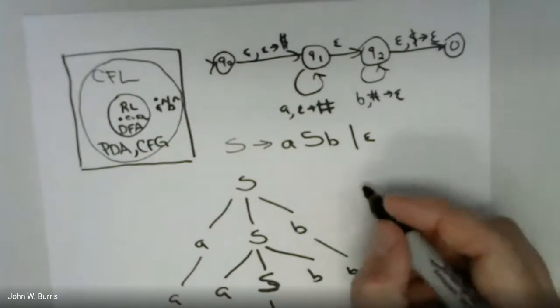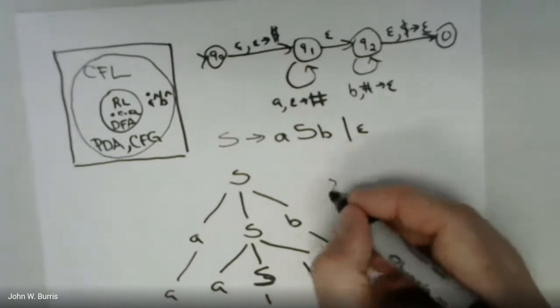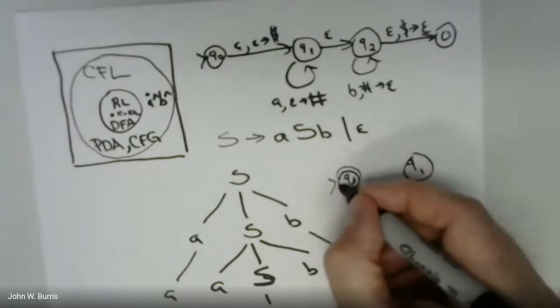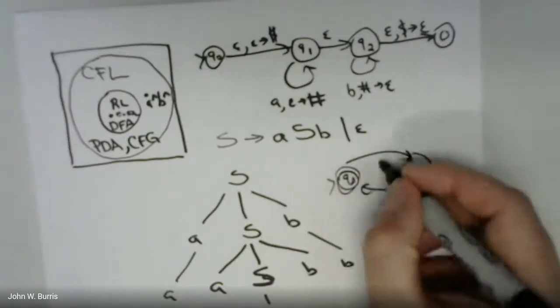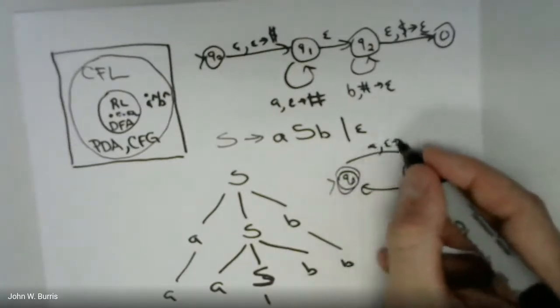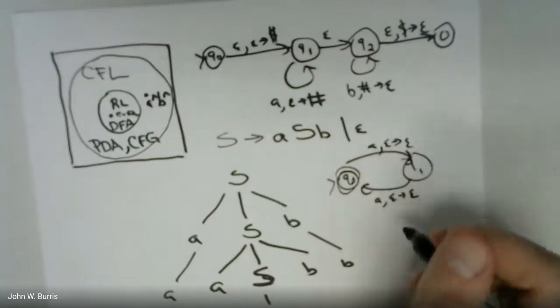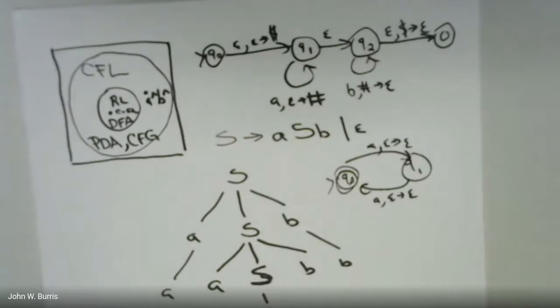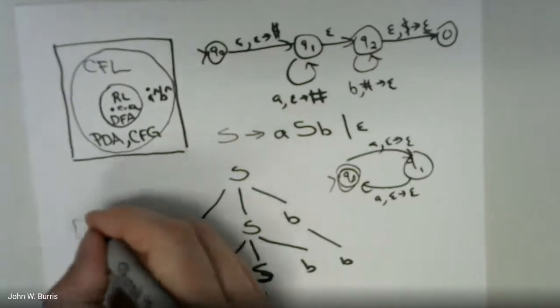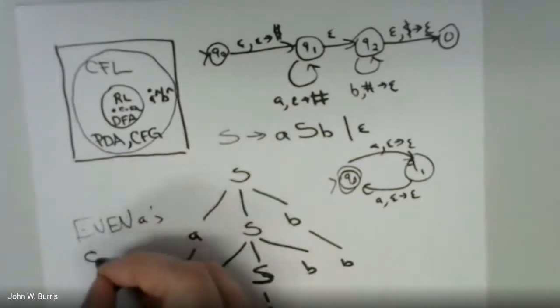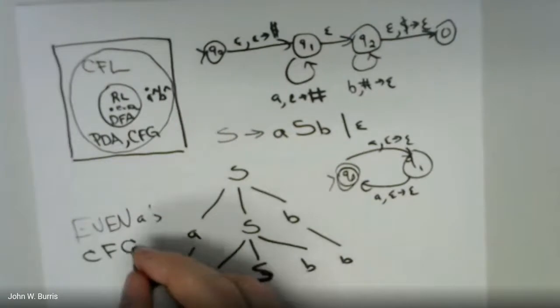Now, the PDA is just ridiculously easy. We don't have to actually do that here. Remember, all we do is we don't use the stack. So A and then nothing, then A and then nothing. It's actually pretty hard to get it to work for a context-free grammar, though. So definitely practice that. Try to do even A's with a context-free grammar. That's a good practice for you, all right?